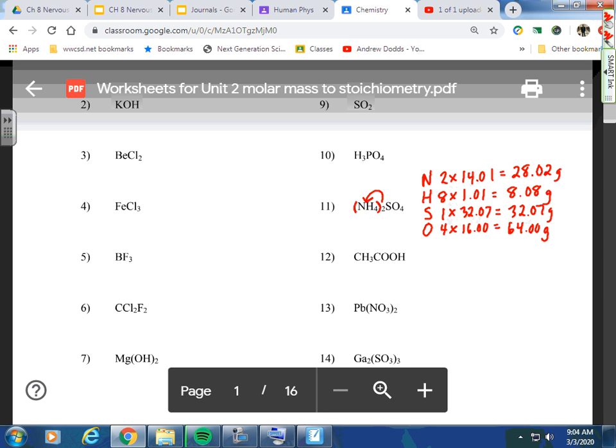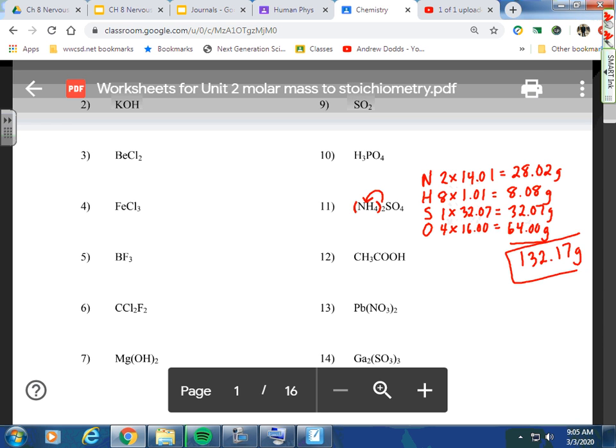So if I want to find the total mass of this molecule, I'm just going to add them all up. 28.02 plus 8.08 plus 32.07 plus 64, and I get a molar mass of 132.17 grams.